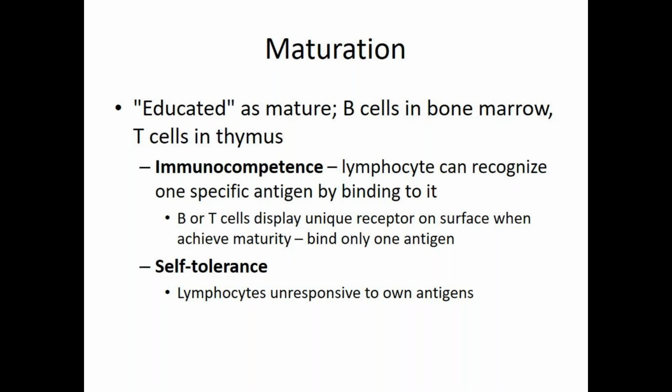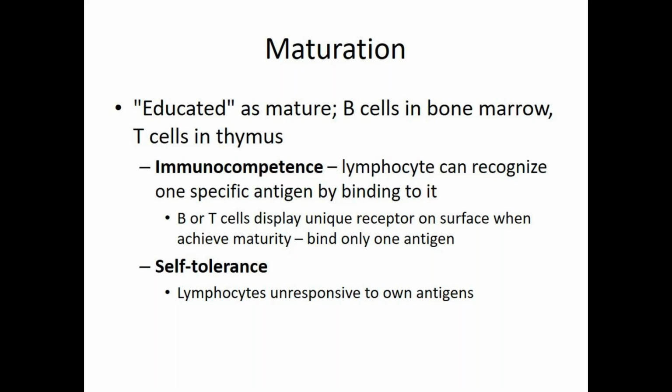Okay, all right, so Friday we had started talking about the life cycle of lymphocytes. One big component of that was trying to make sure that any lymphocyte that we release into the wild is going to meet two basic criteria.